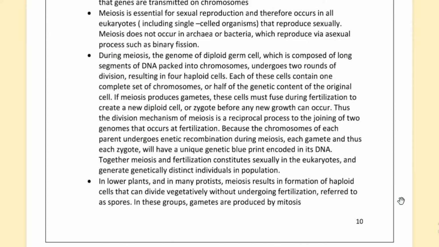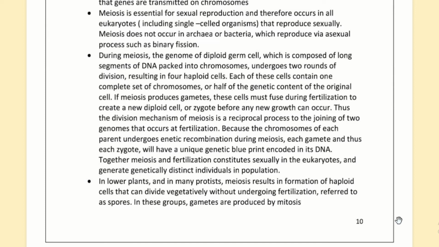During meiosis, the genome of a diploid germ cell, which is composed of long segments of DNA packed into chromosomes, undergoes two rounds of division, resulting in four haploid cells. Each round will produce two cells. Each of these cells contains one complete set of chromosomes, or half of the genetic content of the original cell. If meiosis produces gametes, these cells must fuse during fertilization to create a new diploid cell or zygote before any new growth can occur.